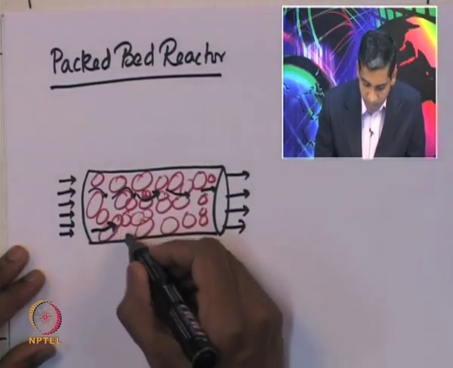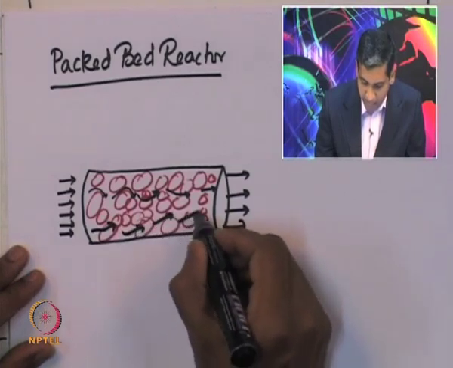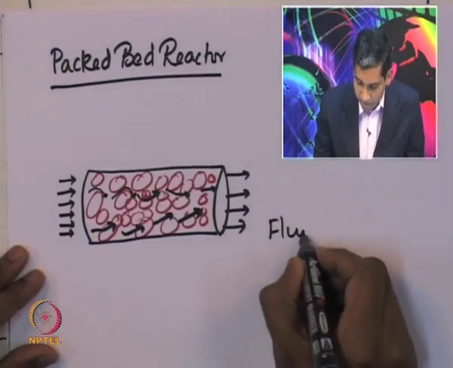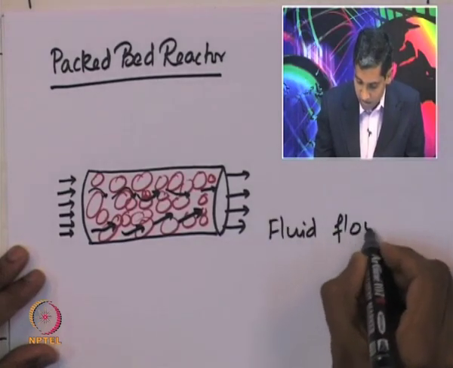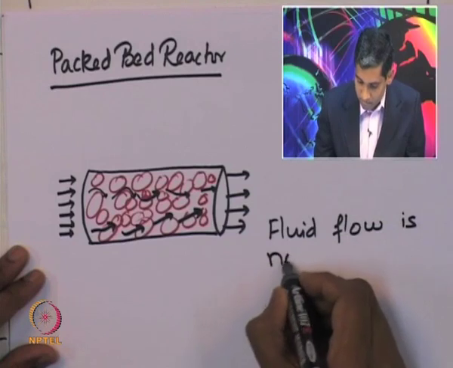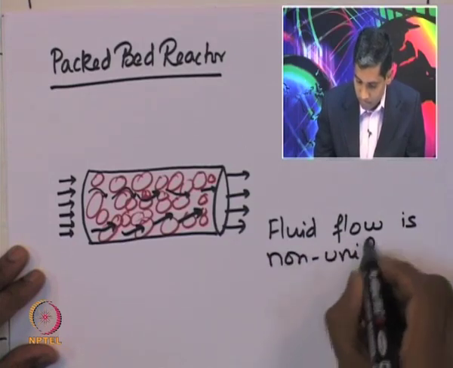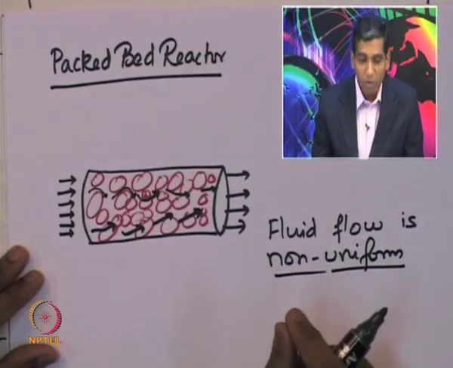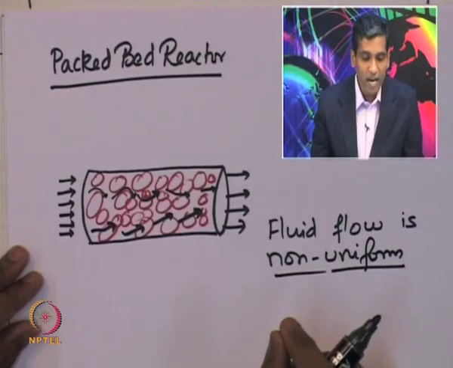So, clearly one can observe that the fluid behavior is not going to be uniform. So, clearly the fluid flow is going to be a non-uniform fluid flow. And why would that be the case?